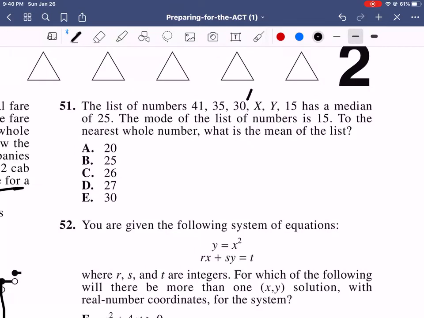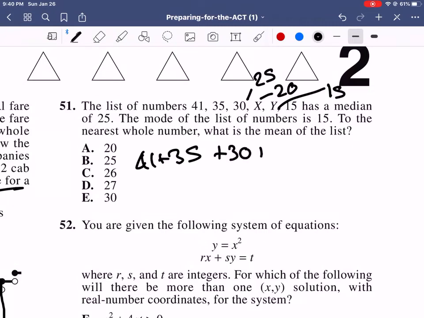If the median is 25, x must be 20 because 25 is in the middle of 30 and 20. y must be 15 because 15 occurs more than once. So, like what I said earlier, the sum of everything over the number of things is the mean. 41 plus 35 plus 30 plus 20 plus 15 over 1, 2, 3, 4, 5, 6.